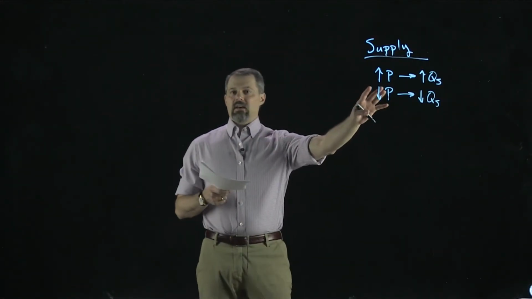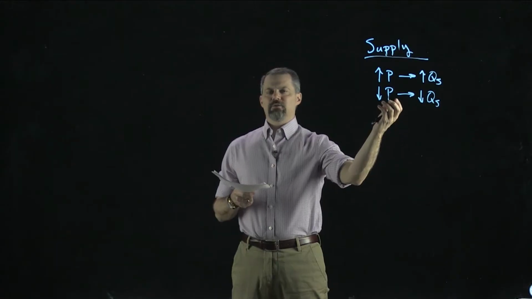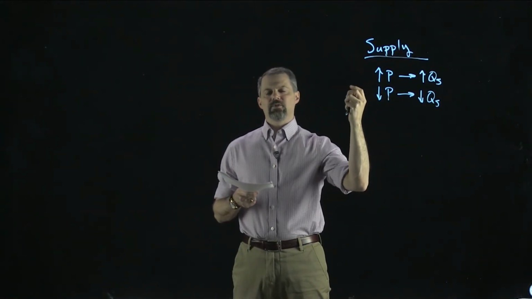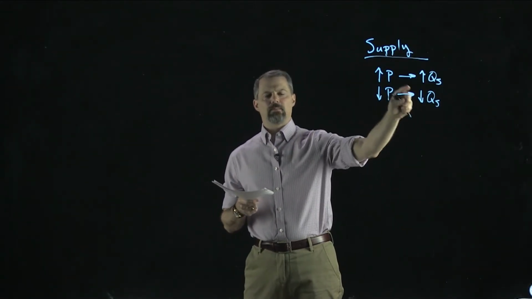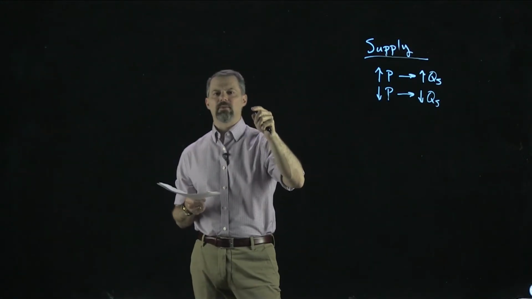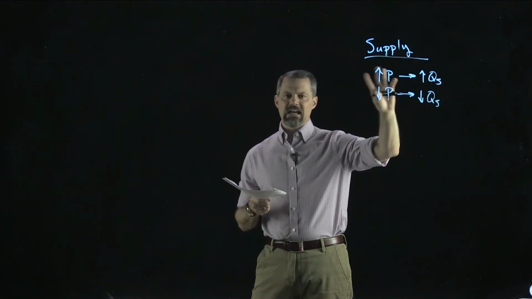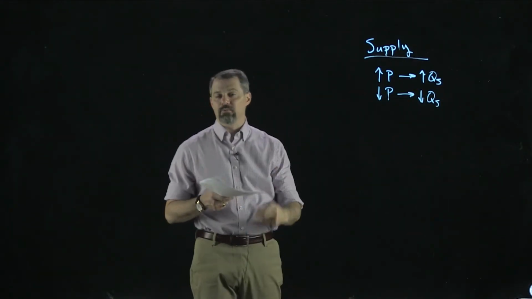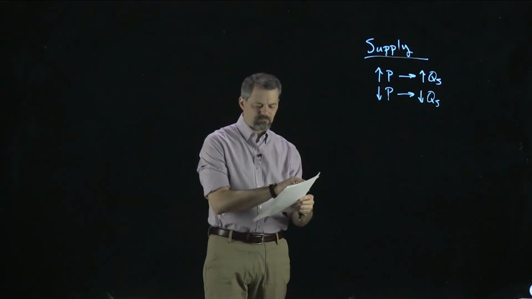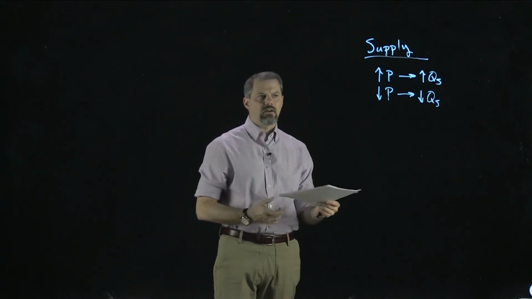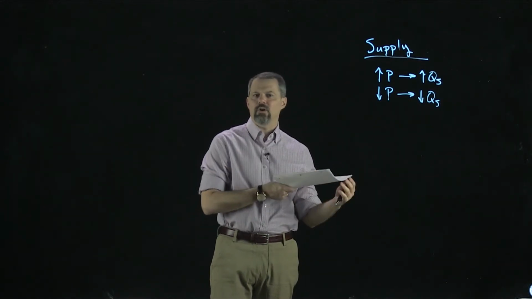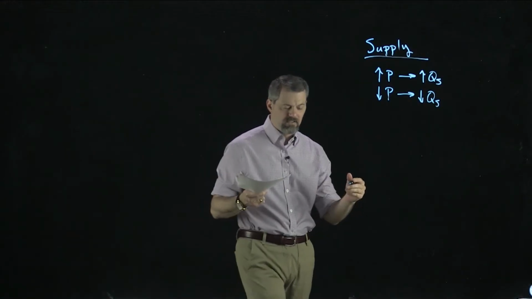We'll talk about that, but you hopefully remember from your principles of micro class that the supply curve, at least for a competitive firm, is the marginal cost curve. And that hopefully helps you understand why this relationship holds. But we'll review that in this class. So that's the law of supply, that price and quantity supplied are positively related.